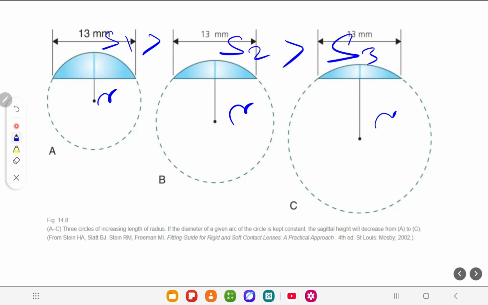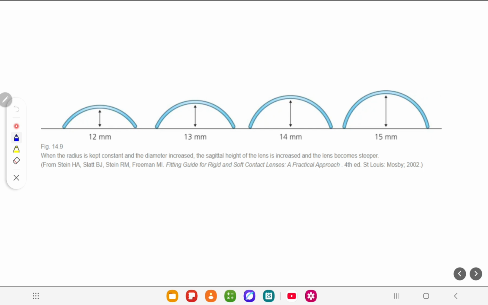When we kept the diameter constant, radius of curvature 1 is smaller and radius of curvature 3 is larger, so the height is exactly opposite: 1 is larger and 3 is smaller.